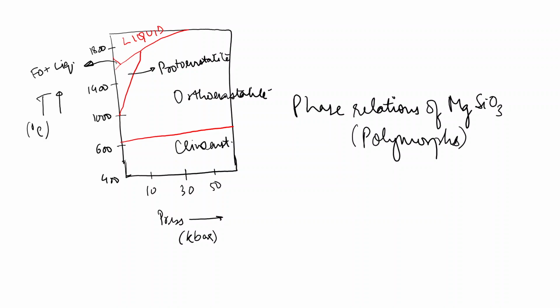So let me write these facts for you. Clinoenstatite is stable at low temperature, close to 600 degrees Celsius. To be more precise, it crystallizes at a temperature below 566.